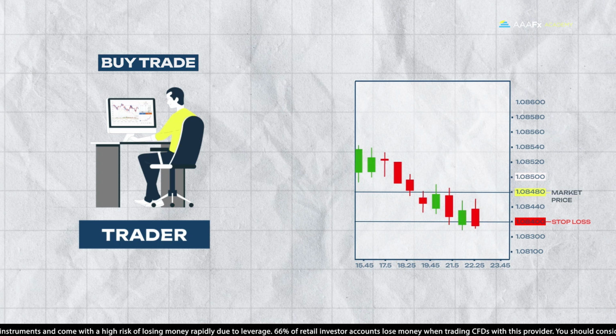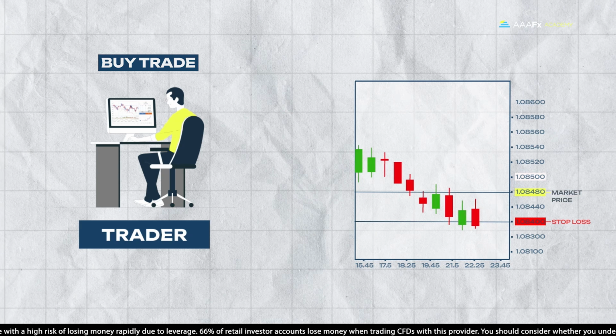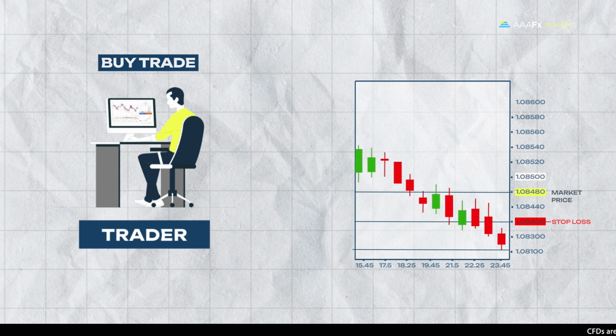So let's say the price goes down and the stop loss order is executed, closing the trade at $1.08300. However, the market continues to drop, eventually reaching $1.08100. While the stop loss order couldn't protect the trader entirely, it limited the loss to much less than it could have been without it.